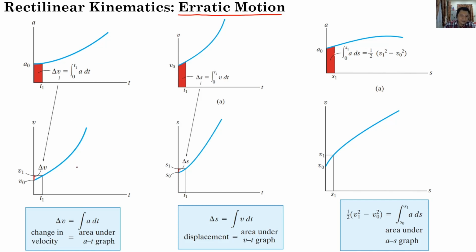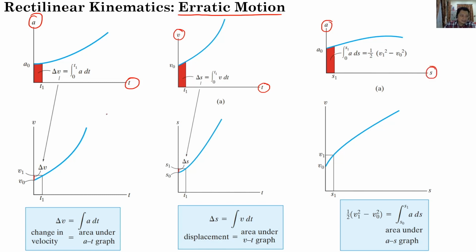When you have erratic motion, you can do a few things. For example, you plot A versus T, and then you plot V versus T, and then for example you plot A versus S.